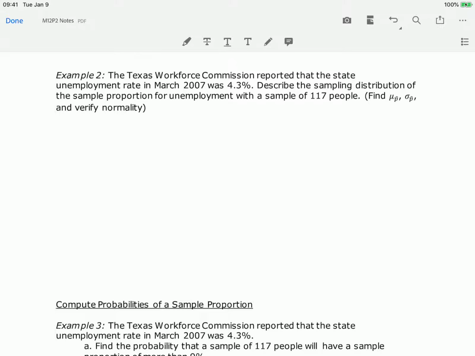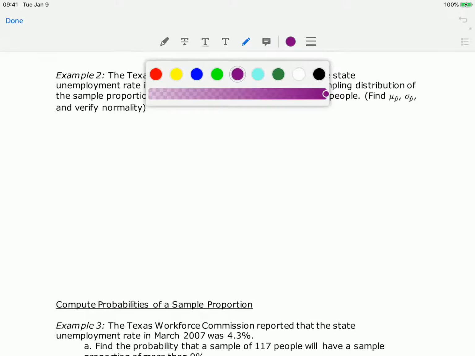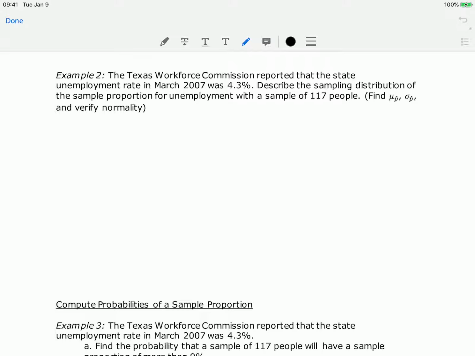That is, I want you to find the mean of p hat, the standard deviation of p hat, and verify normality. So verify that you have a normal distribution. So we're going to actually do that last one first. So to verify normality, we need to take n times p. So our n is 117, and our p is 0.043.